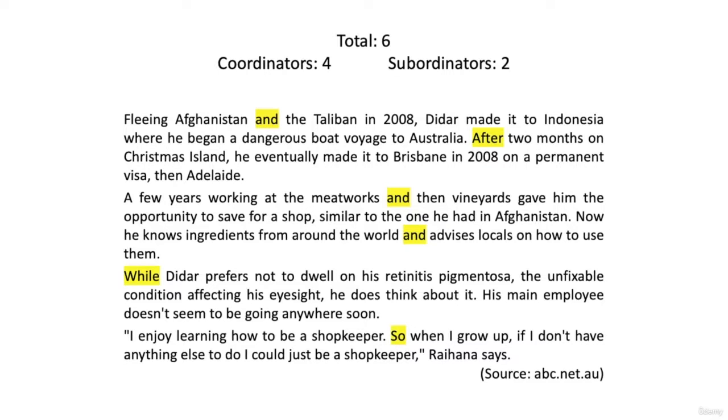Therefore, we have a comma after the dependent clause. After 2 months on Christmas Island, comma, and while Didar prefers not to dwell on his retinitis pigmentosa, comma. Good job! Now it's time to move on to our review.